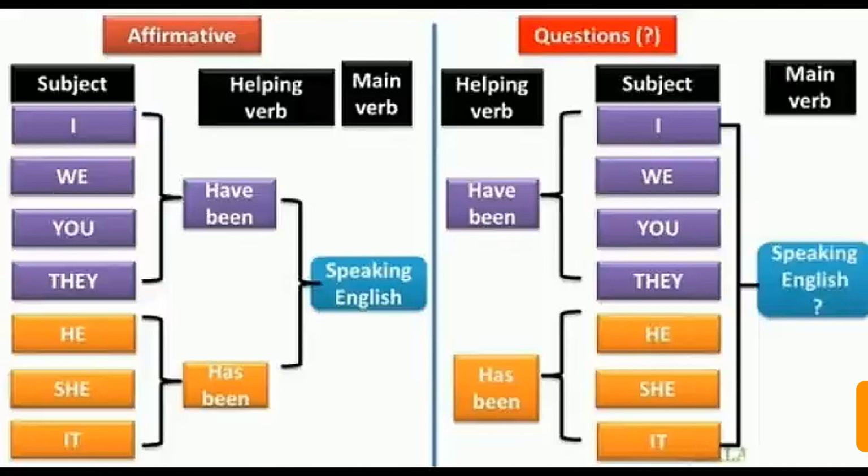So first of all, we will use the helping verb, then the subject, and then the main verb. Only we have to keep in mind which helping verb we have to use. We have to use have been along with the subjects I, we, you, or they, and has been with he, she, and it, and after that the main verb.